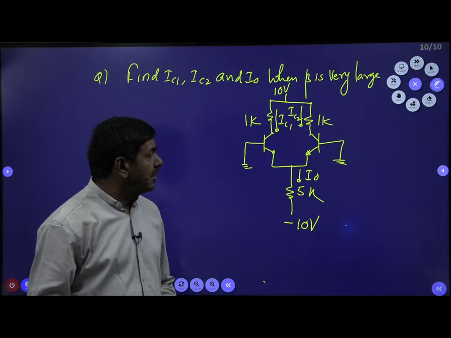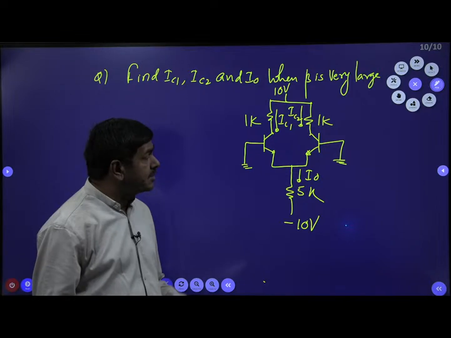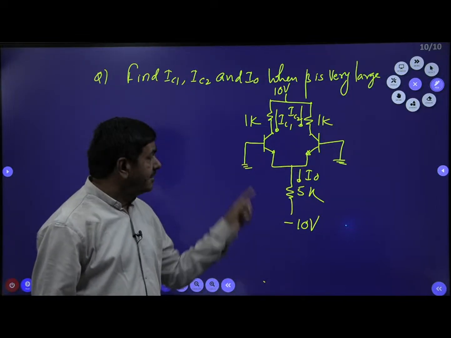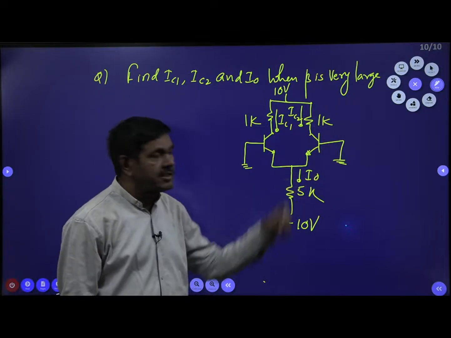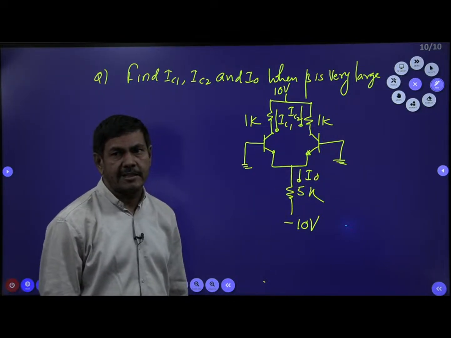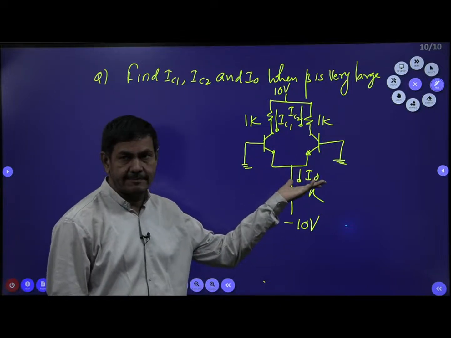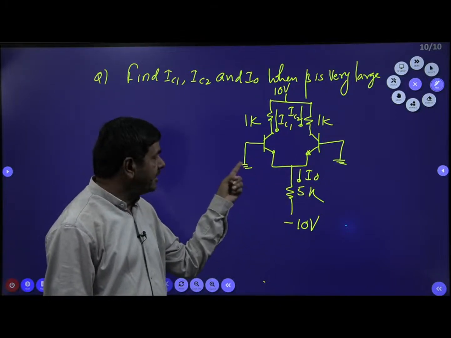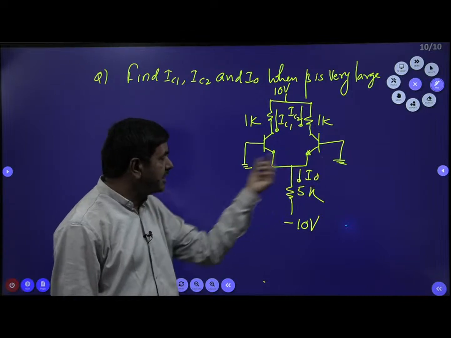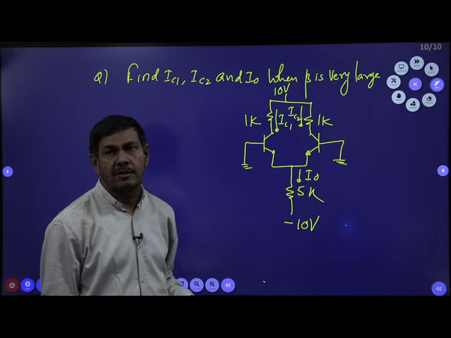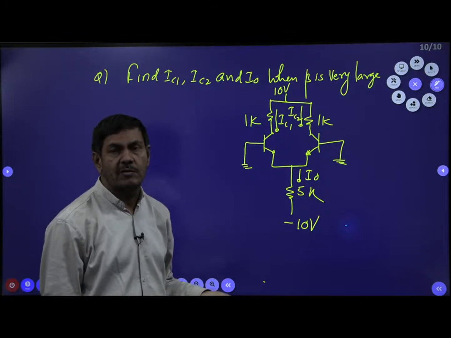But sir, you have already done this, why did you give it again? Here the base voltages I gave are equal. This is 0 voltage, this is also 0 voltage. Both are connected to the ground. In that case, both transistors will come to the on state. Even if you connect 2 voltage here and 2 voltage here, both are on. If there is a difference of voltage, only one transistor will be on.